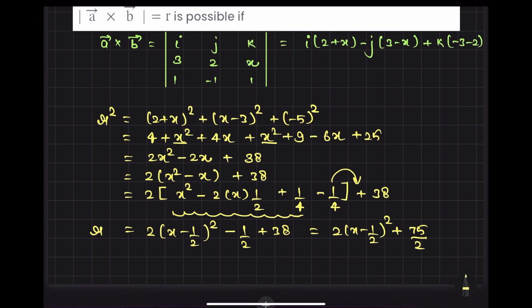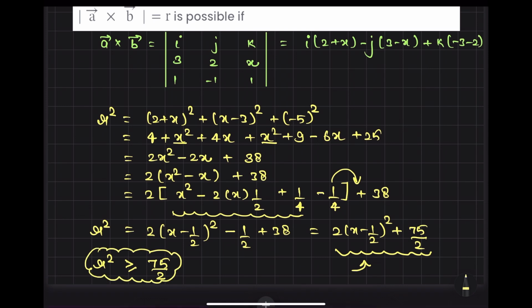Now this is your r square. Now think about this. Don't you think this is a positive quantity? Its minimum value is 0 if you take x as 1 by 2, and the maximum can be anything. So can I say that the value of r square will always be at least 75 by 2?